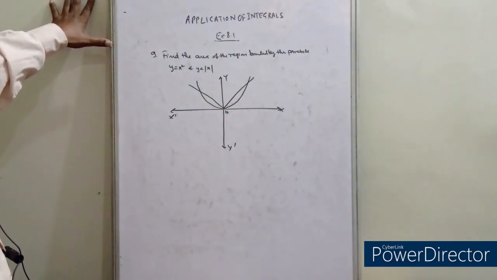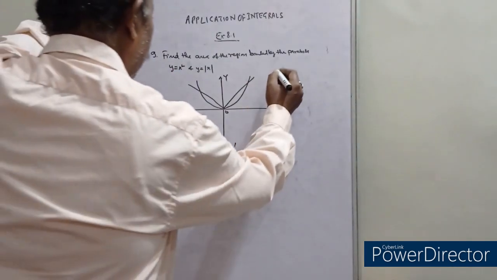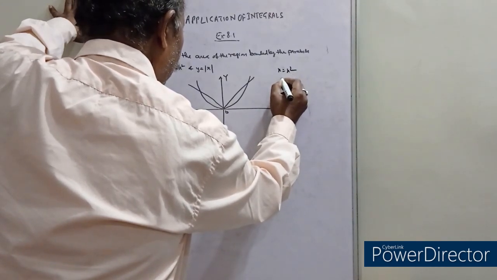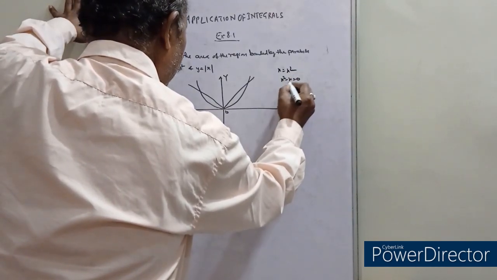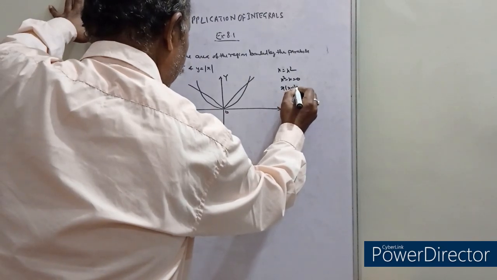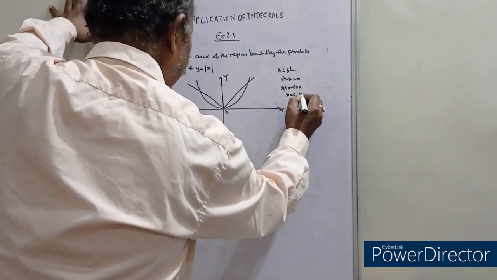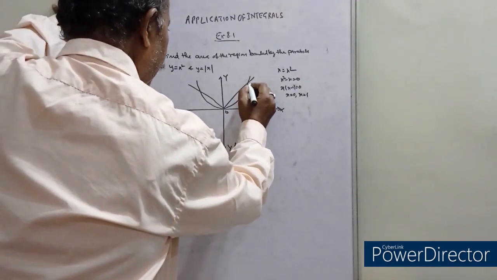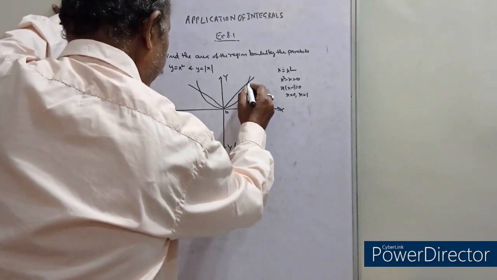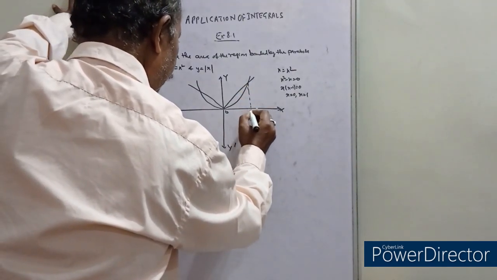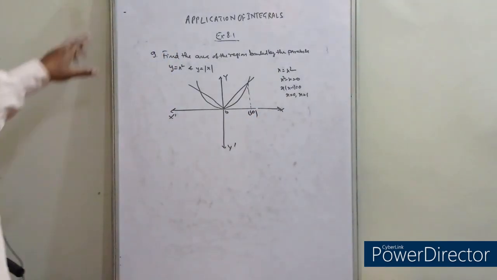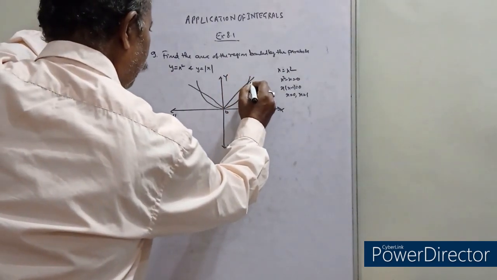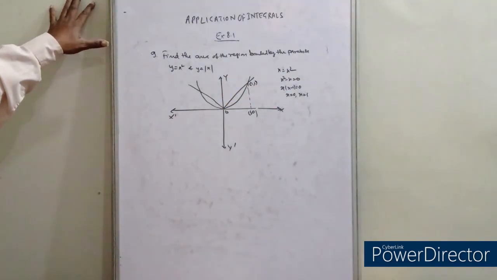So for the intersection point, x is equal to x square. So x square minus x is equal to 0, x common, x into x minus 1 is equal to 0, x is equal to 0, x is equal to 1. So this point is (1, 0). And if you place 1 here, this will be the intersection point (1, 1).